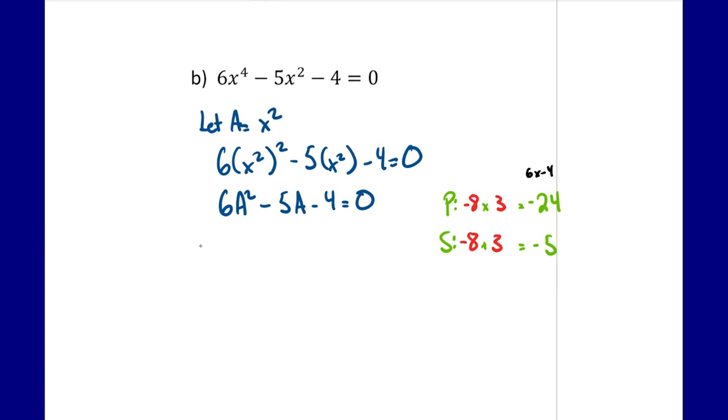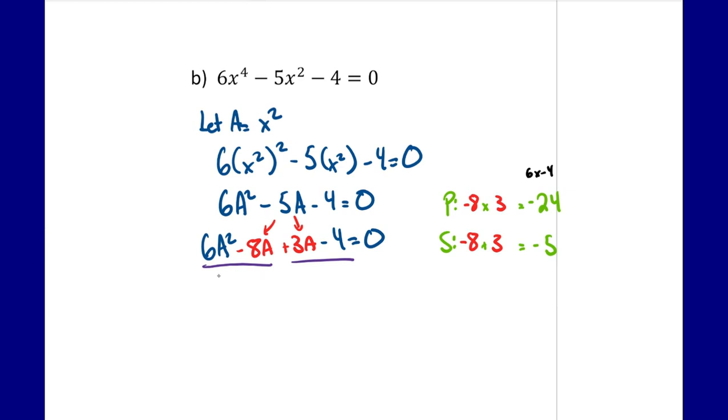So now I can rewrite this as 6a squared minus 8a plus 3a minus 4 equals 0, similar to factoring complex trinomials. I'm going to factor by grouping, or common factor the first two and the last two terms.